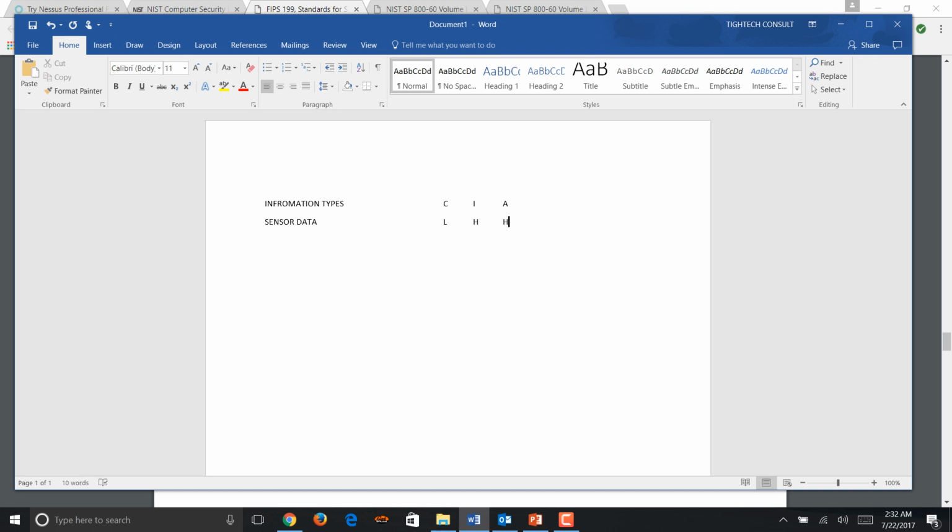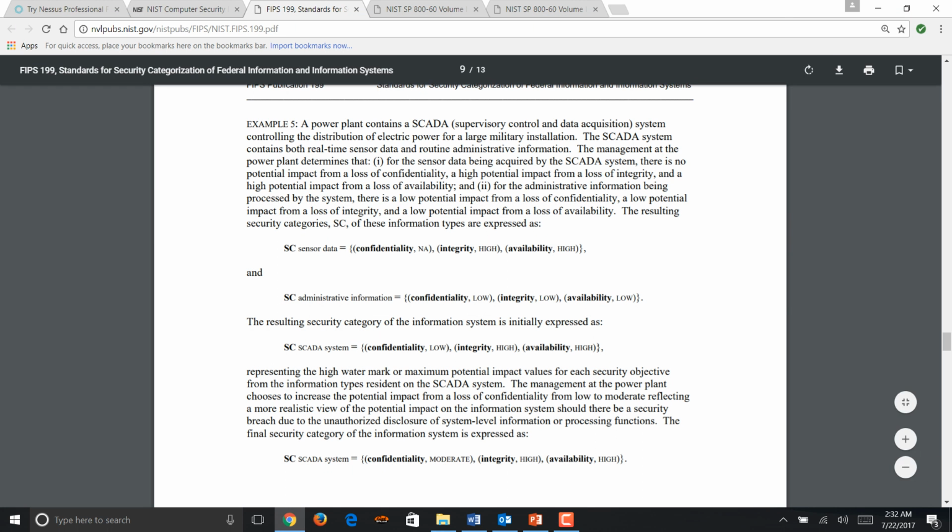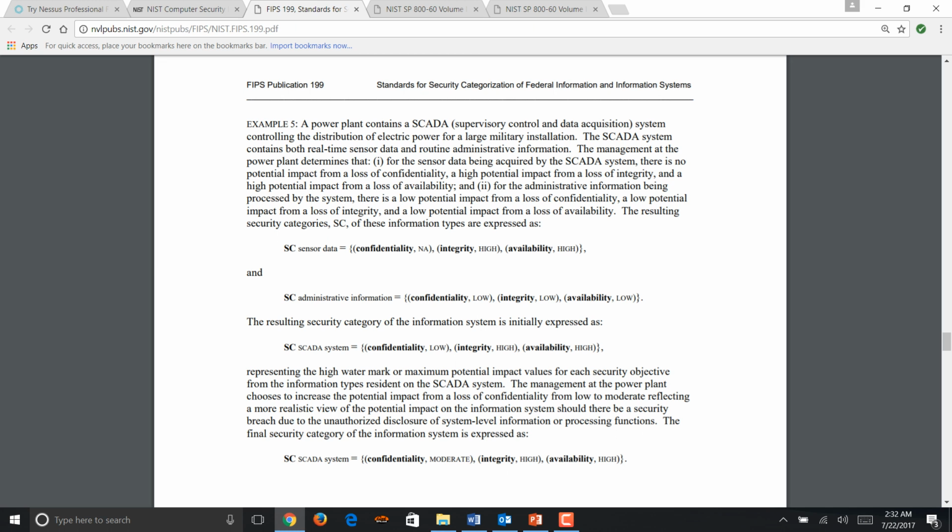So what's the second information type under the SCADA system? Administrative record, admin info. So we have the administrative information. So under what we have, it is low, low, and low.